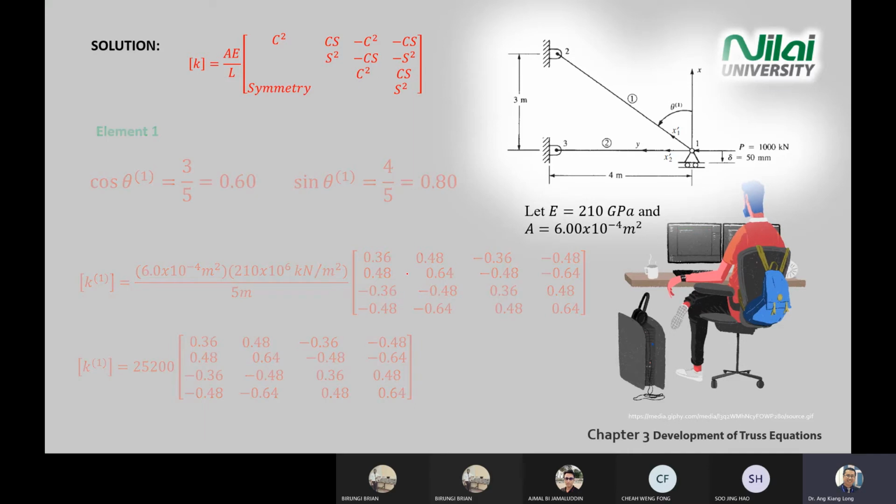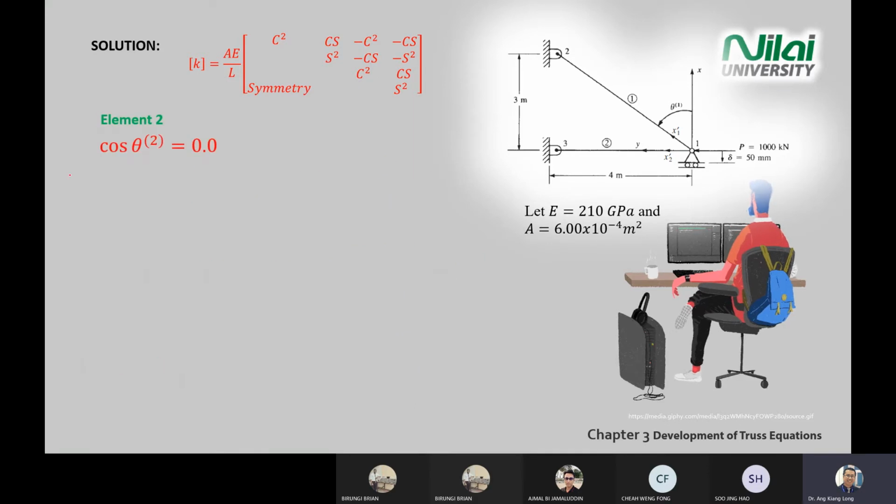All right, for element 2, cos theta equals 0. Why 0? Because you're calculating from x for element 2, from x to x prime. This is your x prime 2. You measure from here to here, anti-clockwise positive.